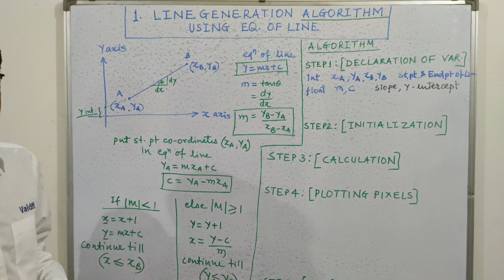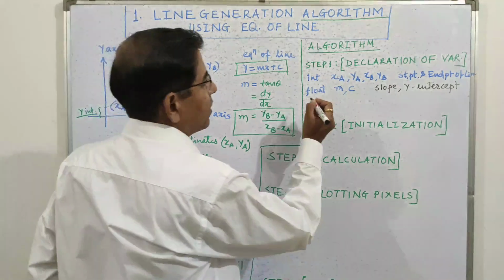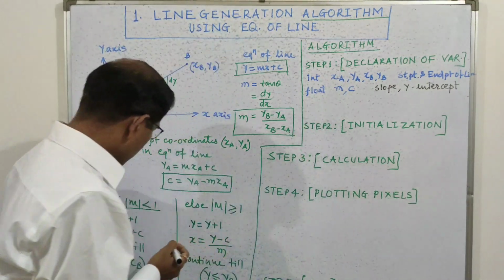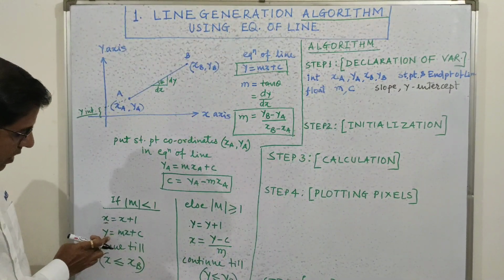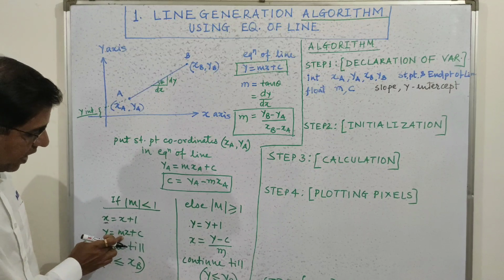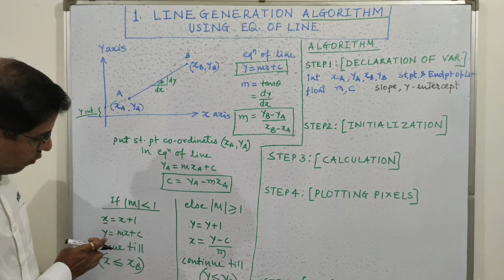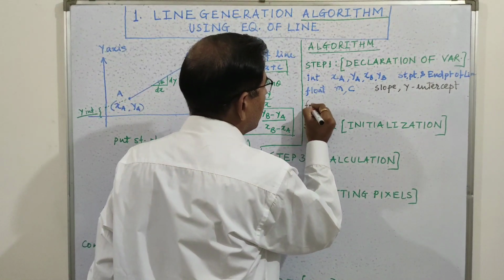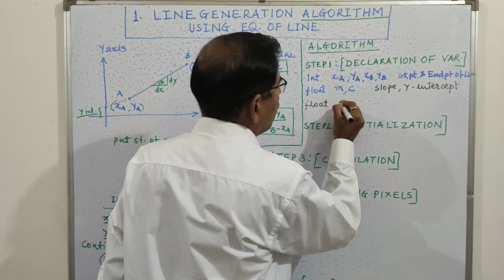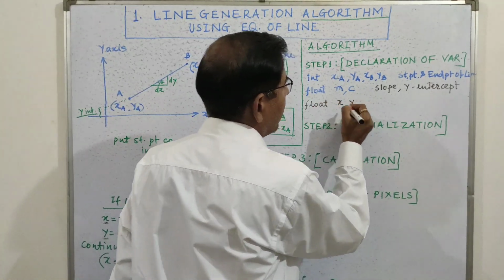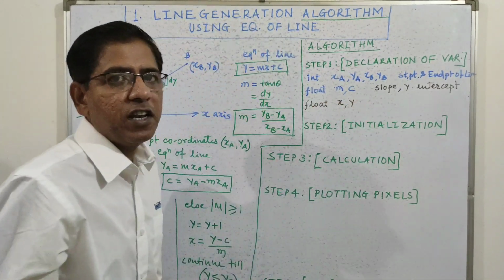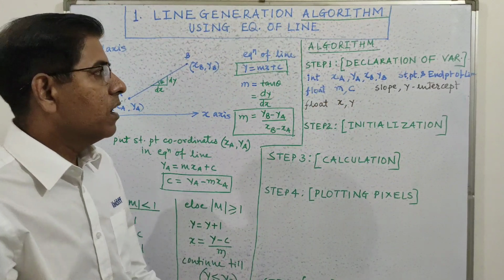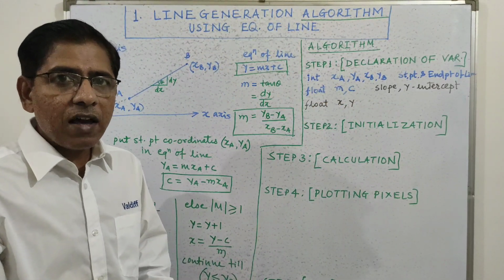Since y is mx plus c, where m is float, y can be a float value. So we declare it as float x, y. These are the variables to store the current value of x and y.